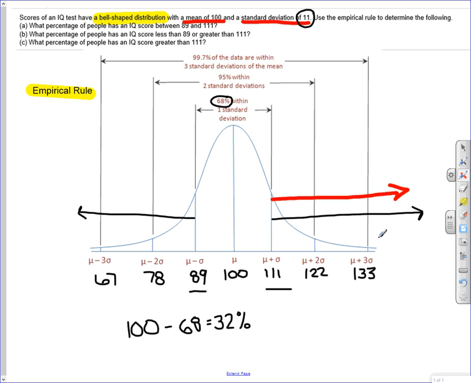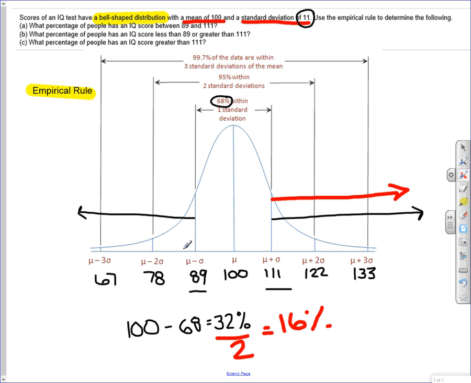So if in the black area here and here I've got 32%, and I just want the red area, that's half of the black area. I divide this by 2, and that gives me 16%. So 16% is the answer there.